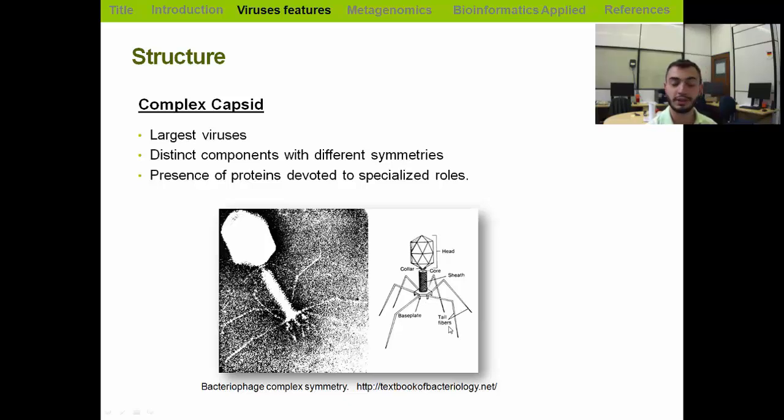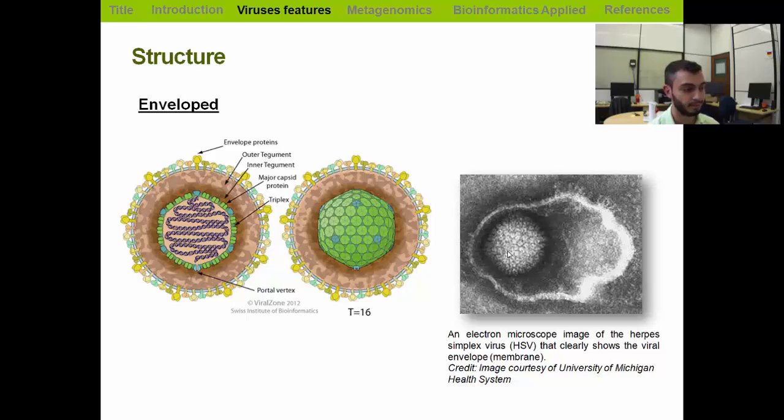And you have different proteins devoted to special roles, like this tail and this base plate, responsible for injecting the genetic material, and this head to enclose the genetic material. So these are bacteriophages, and here are these three kinds of symmetry.